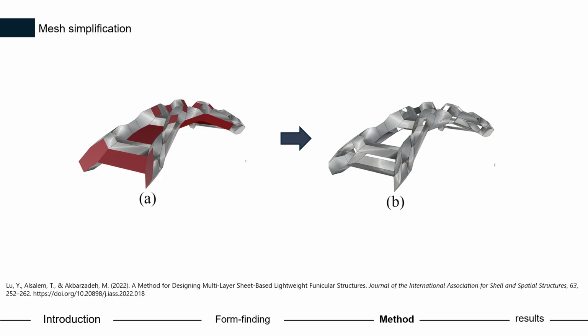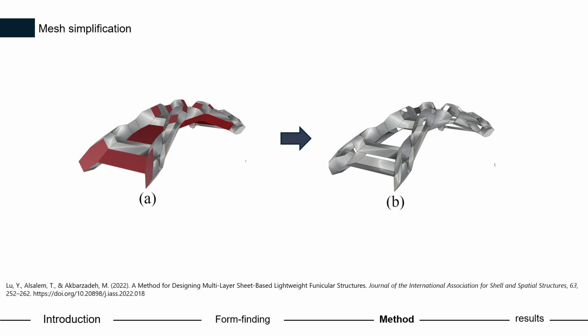Our first step is simplification. We eliminate redundant faces while preserving the main load paths. This reduces complexity, saves material, and prepares the mesh for segmentation. We use a weighted priority system based on edge count, surface area, and topological importance to decide which faces stay.